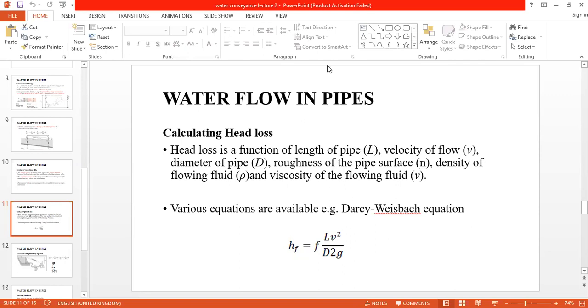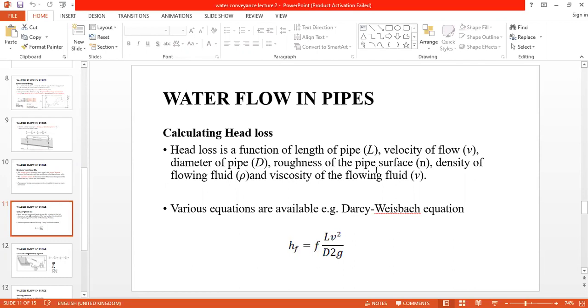So from this equation, we can relate those parameters that we've talked about. So this is head loss, which we depict as H with a subscript F, equals F, a friction factor, which is determined by the roughness of the pipe.